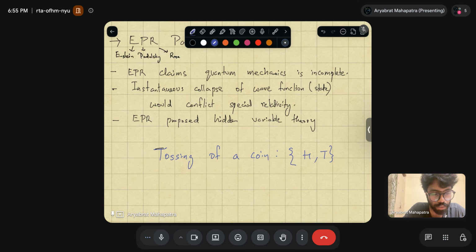So every bit of information was missing. Those missing bits of information you can think of as hidden variables.